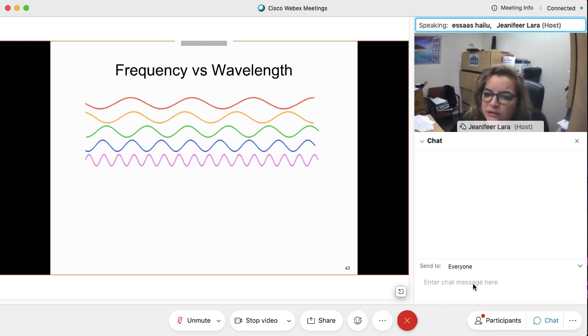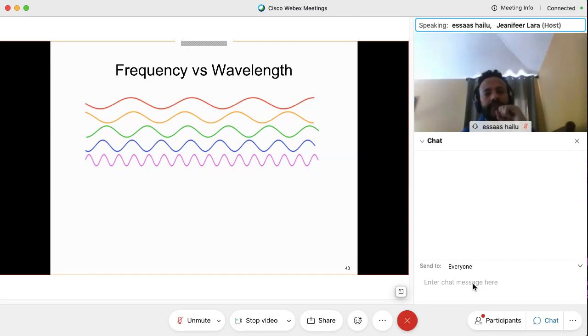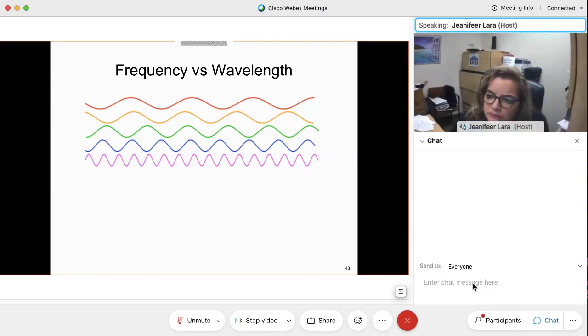Which one has the shortest wavelength? Is it the red one? Okay, think about it. If I were going to take a ruler from here to here, or from here to here, which one would have a shorter distance or longer?